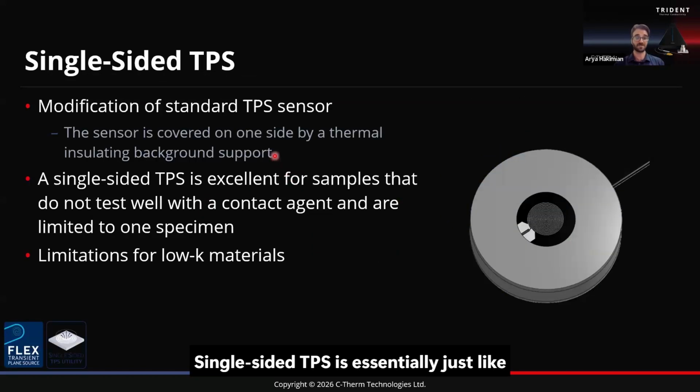Single-sided TPS is, like I said earlier, a modification of the standard sensor with an insulative backing material. It's a really great option when you are dealing with sample limitations, as well as samples that don't test well with a contact agent.